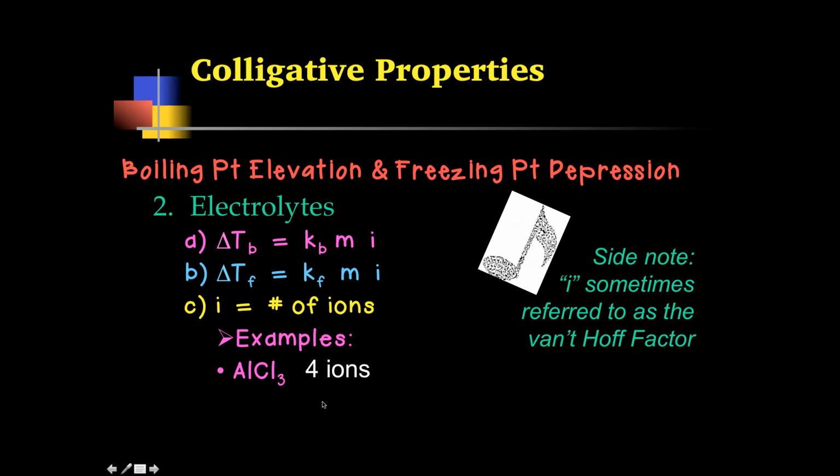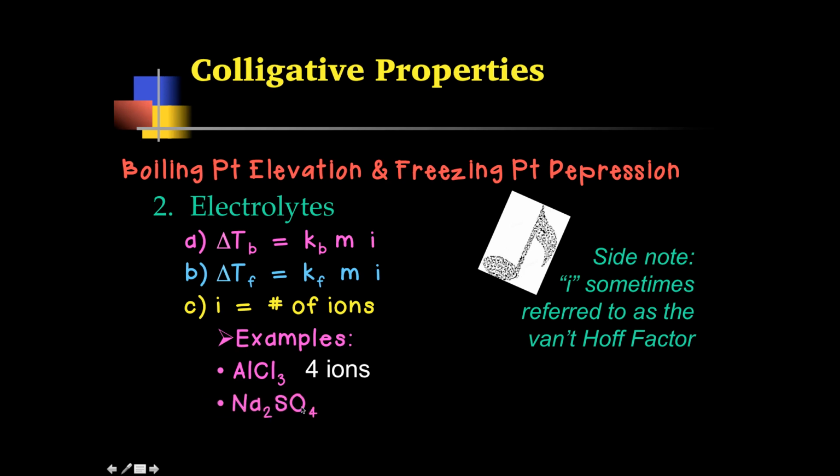So total you have 4 ions. If you were figuring out the boiling point of a solution made with aluminum chloride, you would still use whatever the K value was for the solvent, whatever the molality was, but then you would times it by 4. So you get even more of a change of temperature with electrolytes because there's even more attraction happening because now there's so many ions.